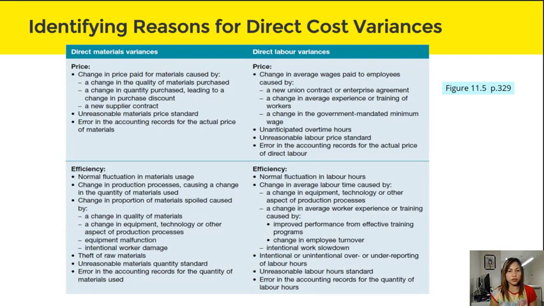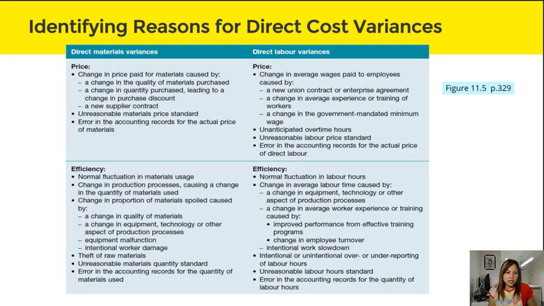This is a copy of figure 11.5 from your textbook, which I think is really useful for you as a quick guideline, a good table that outlines the possible reasons for direct cost variances.